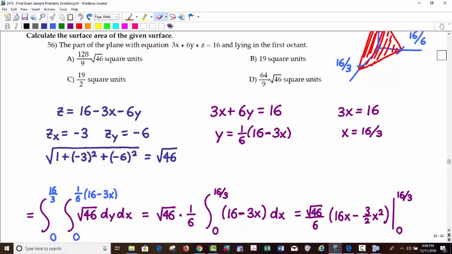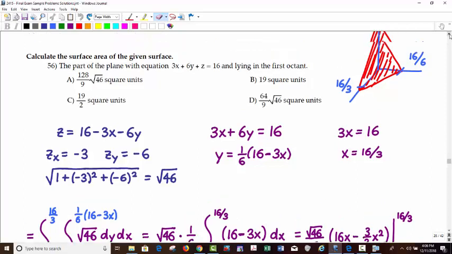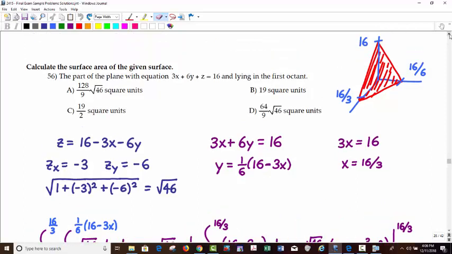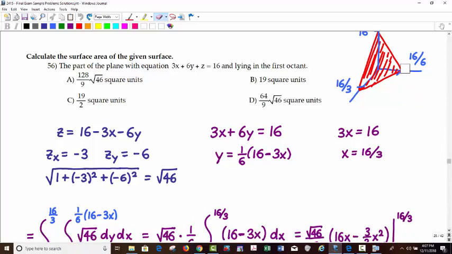Now we have to figure out what region we're integrating across. And we're integrating across the base in quadrant 1. So we can solve for this bottom part.